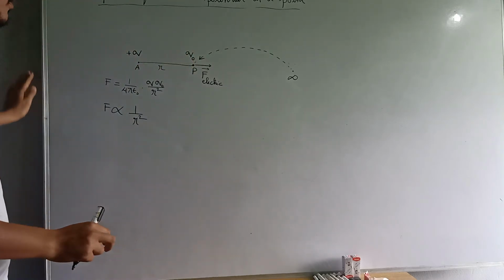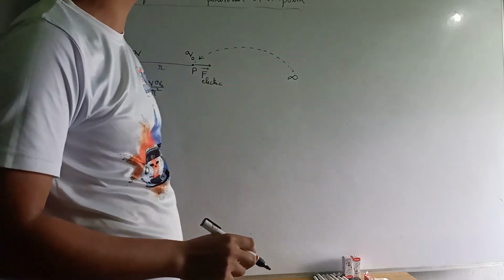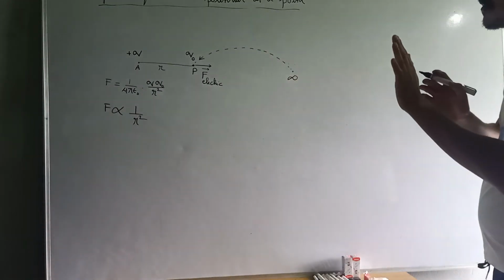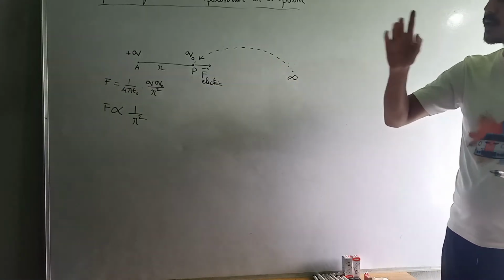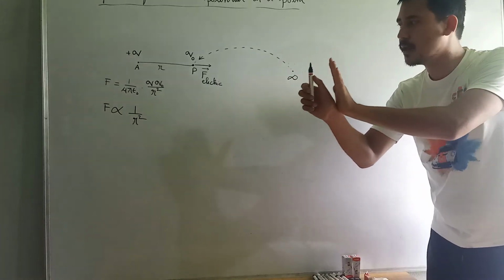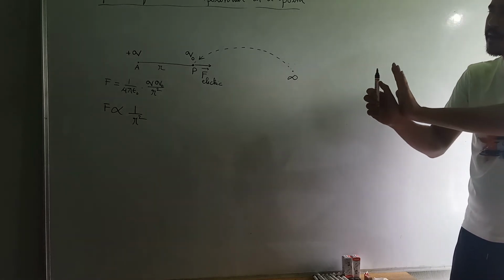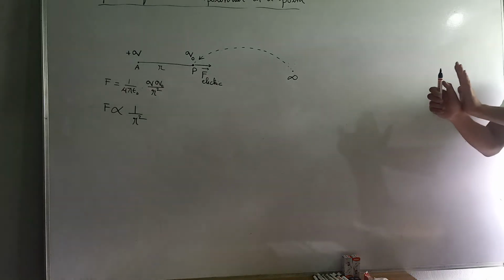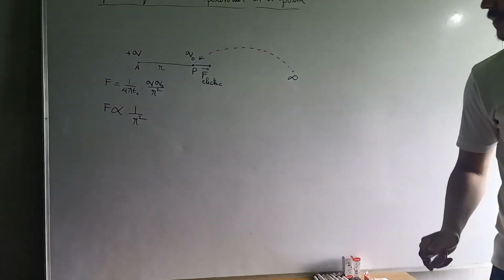And in order to take this charge Q naught from P to infinity without producing any acceleration, a force equal and opposite to the electrostatic force has to be applied to Q naught, so that Q naught will be in equilibrium, and taking infinitesimally small steps without changing any speed, Q naught can be brought to infinity. Is it all right? Yes.